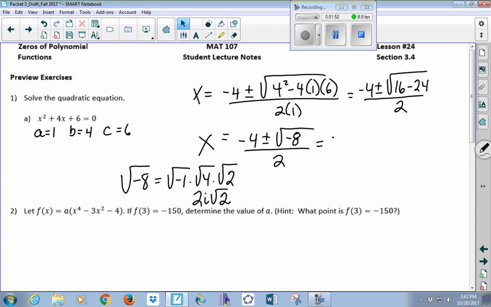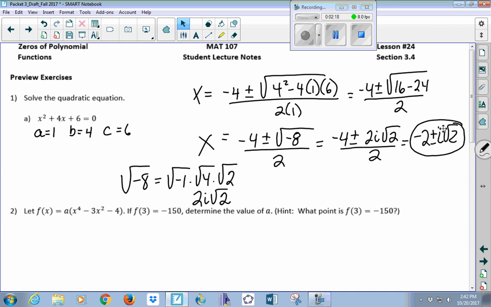So now this becomes negative 4 plus or minus 2i times the square root of 2 all over 2. And as you can see, we have a 2 as a common factor to negative 4, 2 times i, and 2. So this reduces to negative 2 plus or minus i times the square root of 2. So those are my two solutions to this quadratic equation.